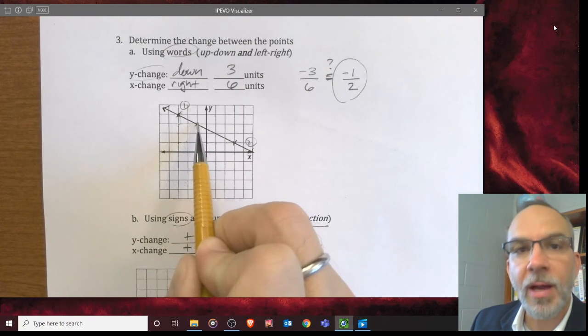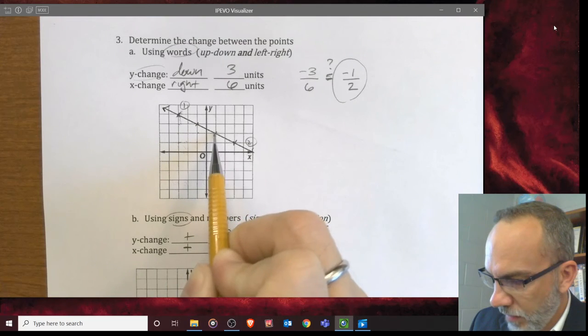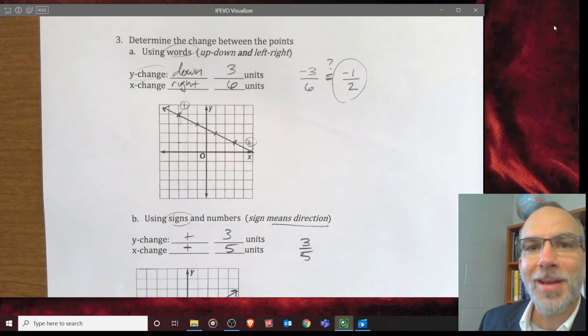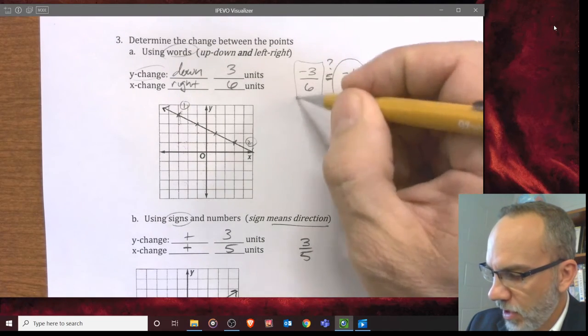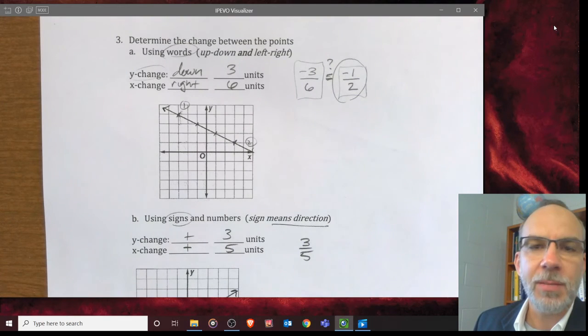Oh, look, I'm back on the graph. Down 1, right 2, there I am again. Down 1, right 2, there I am again. So the slope is the change between points, and you can have a rather large change that reduces down to a smaller unit change. Those are the same slopes.